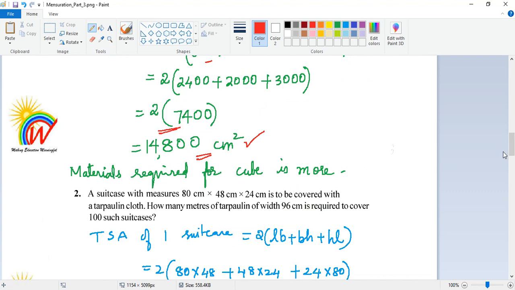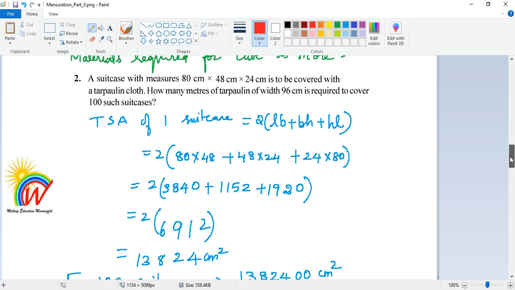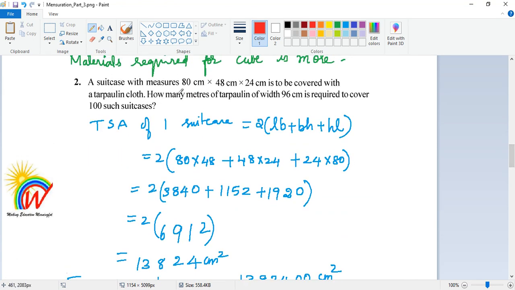Now come to the second question. It says there's a suitcase with this measure. When they give this kind of measurement, the first number goes for the length, the second one goes for the breadth, and the third one goes for the height. It is to be covered with a tarpaulin cloth. A suitcase cover has to be made. And how many meters of tarpaulin of width 96 is required? They ask me to cover 100 such suitcases.